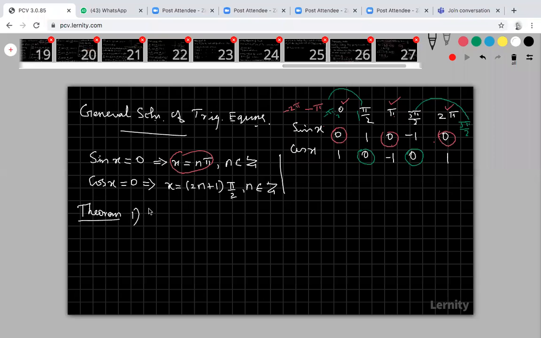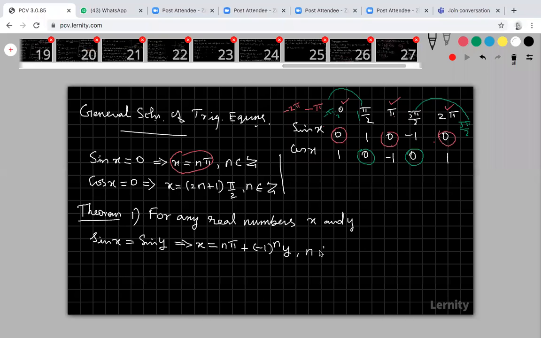Theorem 1: for any real numbers x and y, sin x equal to sin y implies x is equal to n pi plus minus 1 the whole power n into y, n belongs to Z. So sin x is equal to sin y implies x is equal to n pi plus (minus 1) to the power n into y, n belongs to Z.